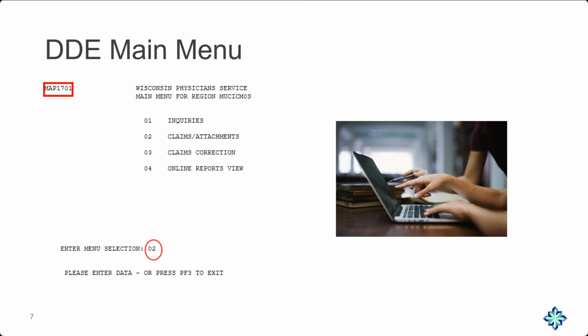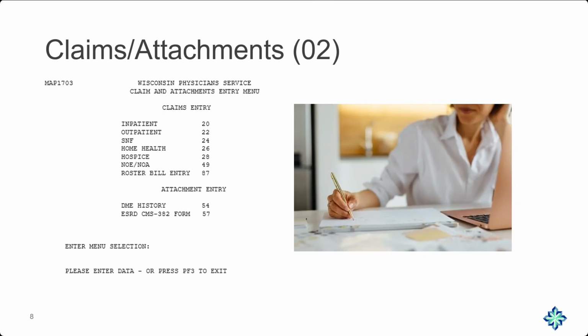So once you do that and press enter, then you're going to see the claim/attachments submenu. Each of these submenus also have a 2-digit code associated with them off to the right. So these are the selections for that. And it's going to be based on your facility type and type of claim.